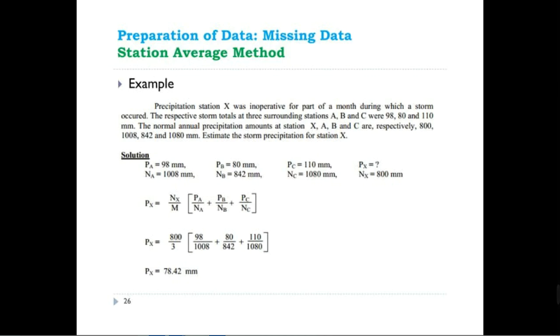The normal annual precipitation at X, A and B is given, so you can estimate the storm precipitation for X.